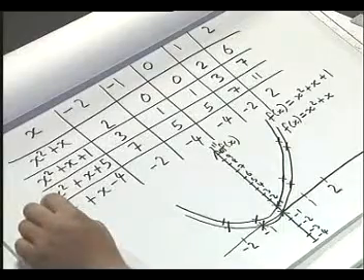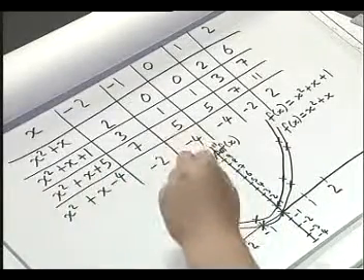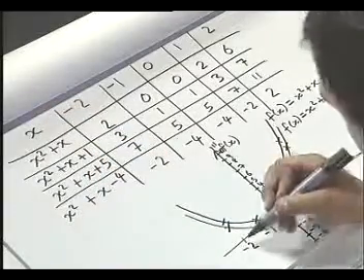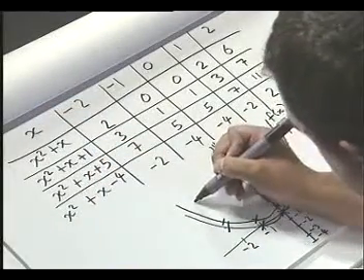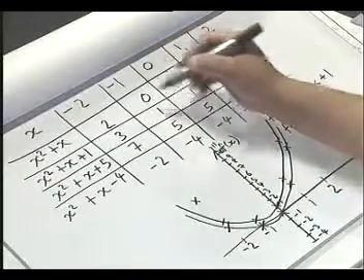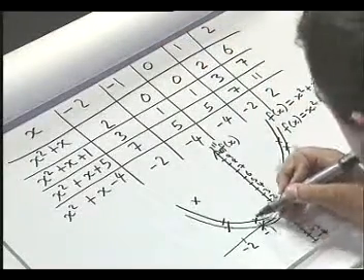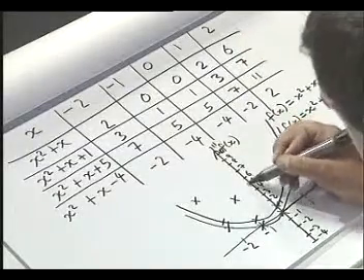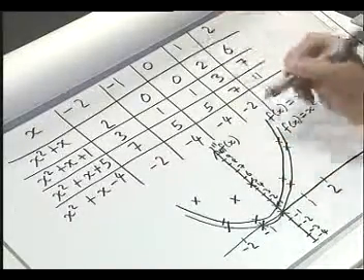So what about f of x equals x squared plus x plus 5? Well, let's have a look. Minus 2 and 7 gives us a point up here. Minus 1 and 5. 0 and 5. 1 and 7.